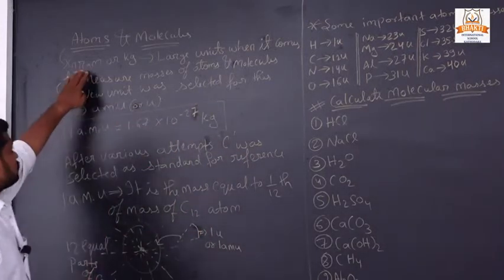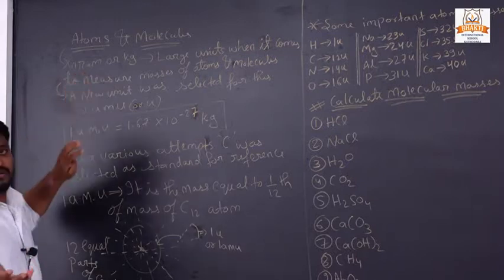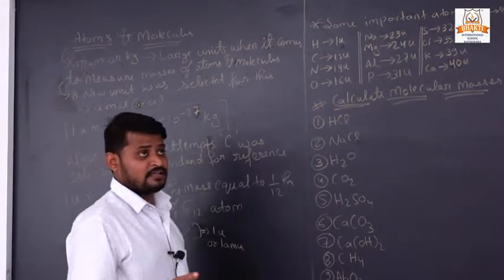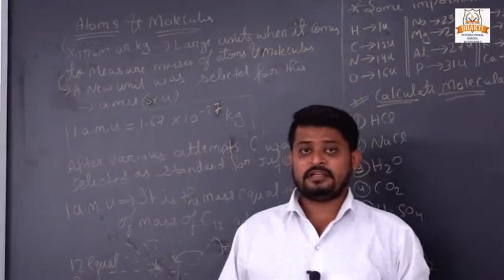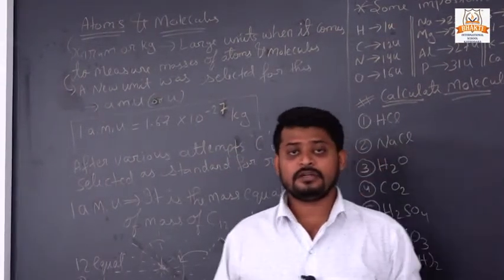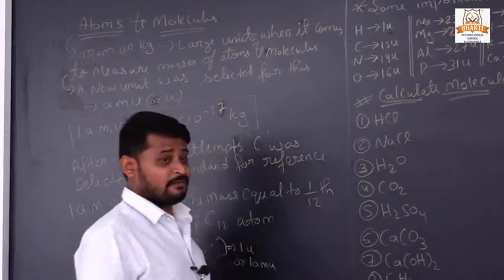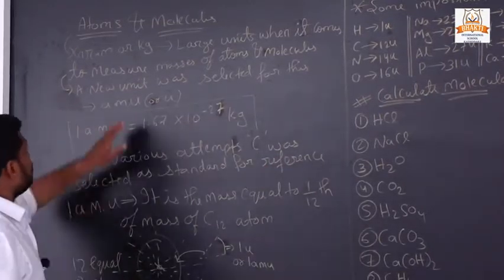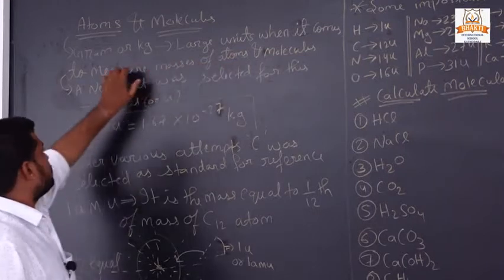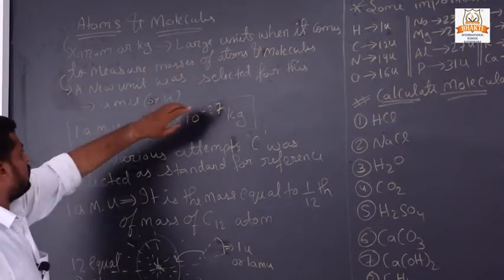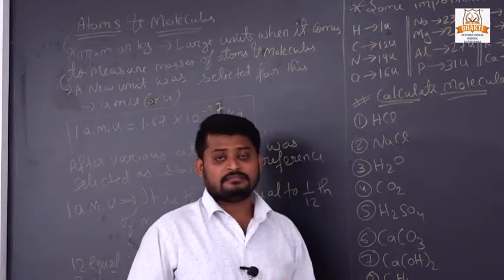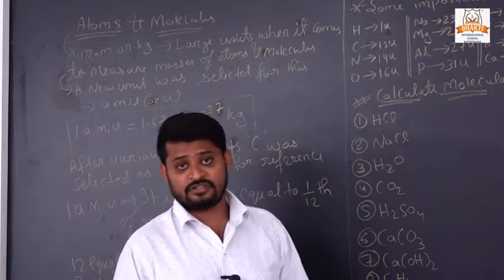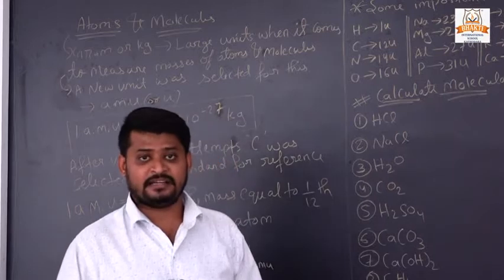Now, atoms are so small that we don't calculate their weight or mass in gram or kilogram. These are large units, so when it comes to measuring the mass of atoms and molecules, we are not able to measure it.